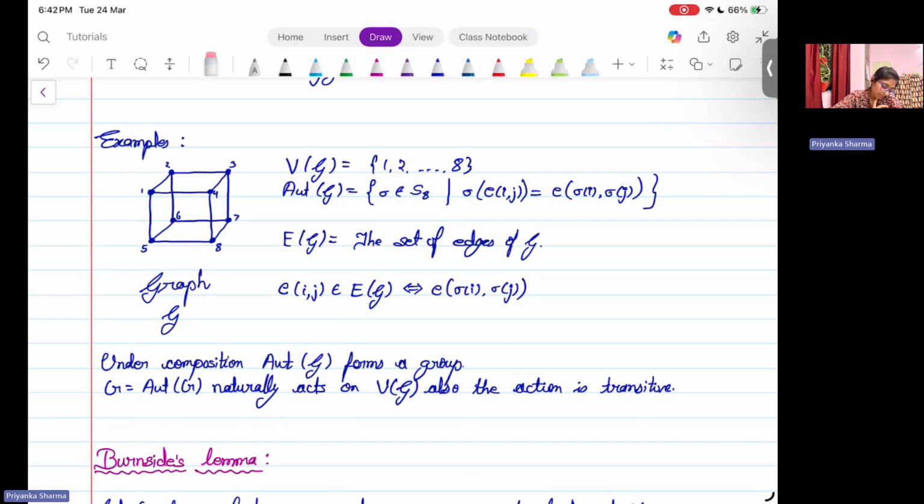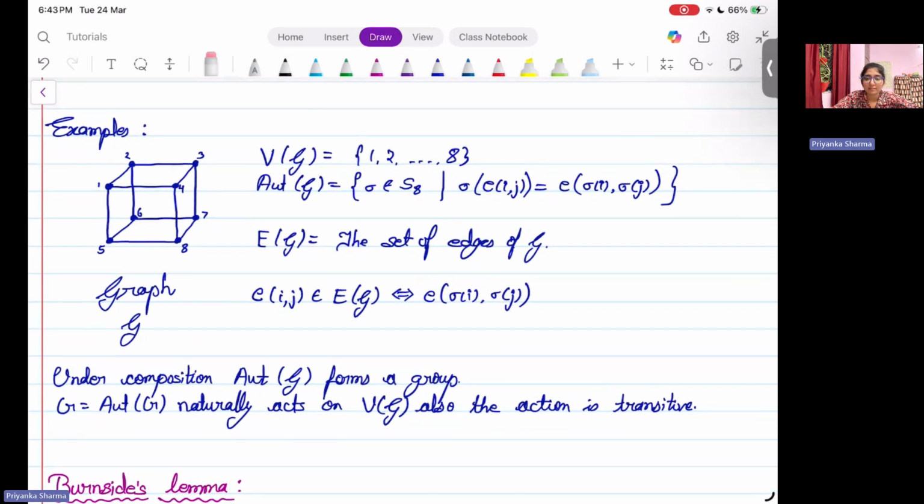So suppose we have a graph G, it has 8 vertices, 1 to 8. This V of G is the set of vertices, and E of G is the set of edges of the graph G. And we define the automorphism of G, that is the automorphism of the graph. So what it will be? It will be the map from S8, that is the permutation group of order 8.